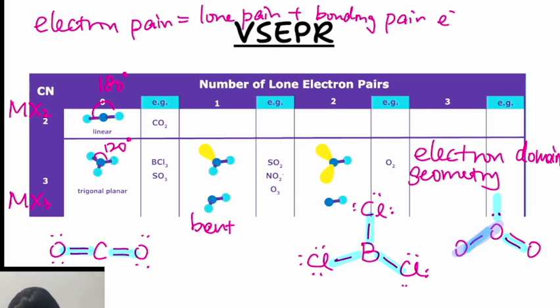So for the molecular geometry, we only consider these parts. That's why we call it bent.